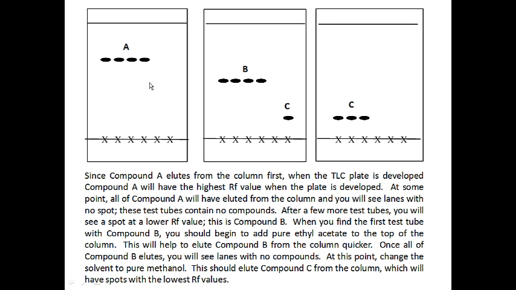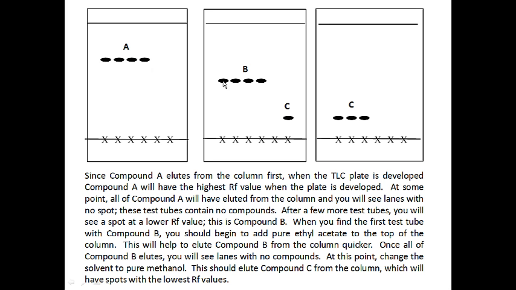So when we develop our plates, this is theoretically what we're looking for. Since compound A elutes from the column first, it has to have the highest RF value on the TLC plate. That's how it made it through the column first. So you'll see some test tubes with compound A. You might see a couple of empty lanes indicating test tubes that don't have any component in them.